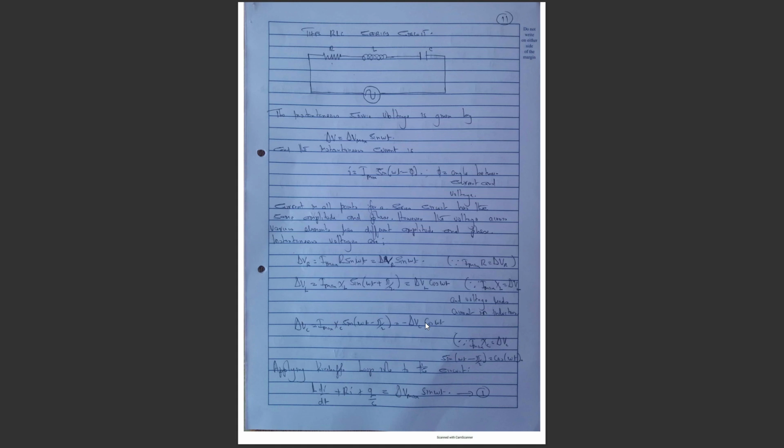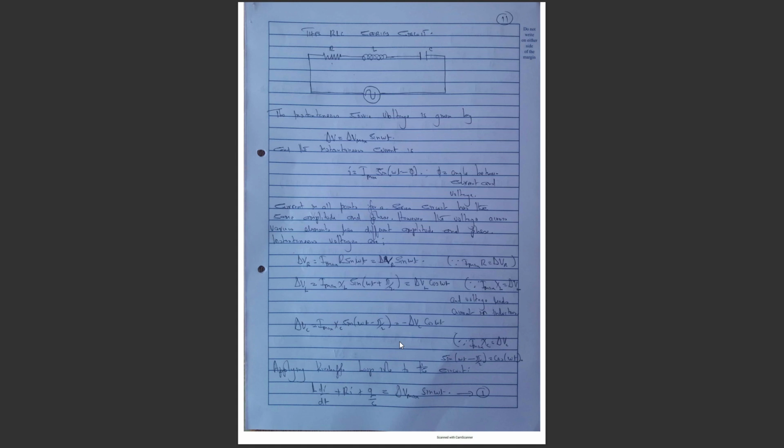For example, the voltage from the AC source must be equal to the voltage at R, or resistance, plus voltage at L, inductance, plus voltage at C, which is our capacitor. The voltage across those components must be equal to the voltage at our AC source.